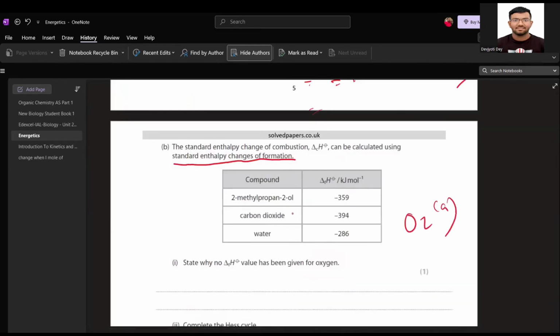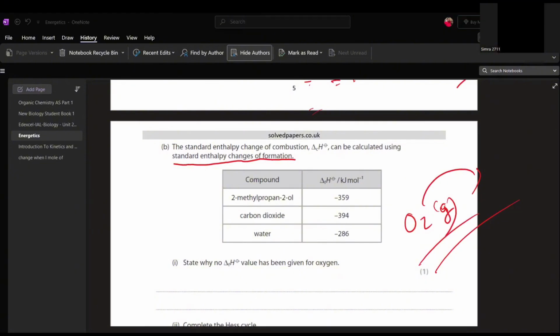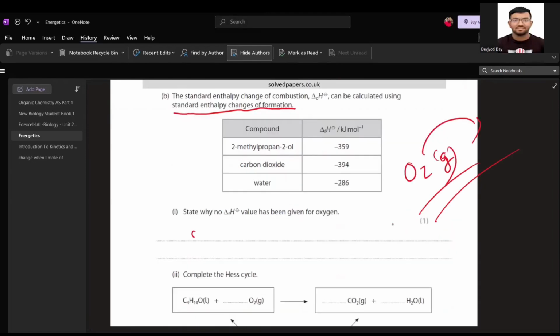It's an element, right? So what are you supposed to produce from oxygen? That is why there is no enthalpy change of formation for oxygen. Did you get my point? So we can just write that oxygen is in its standard state.